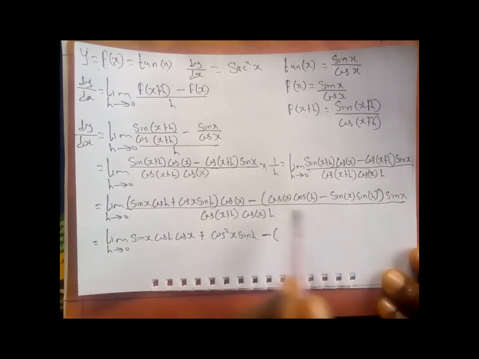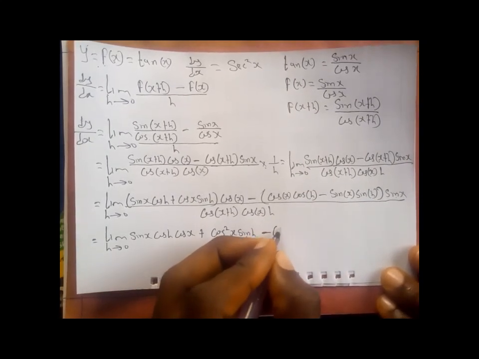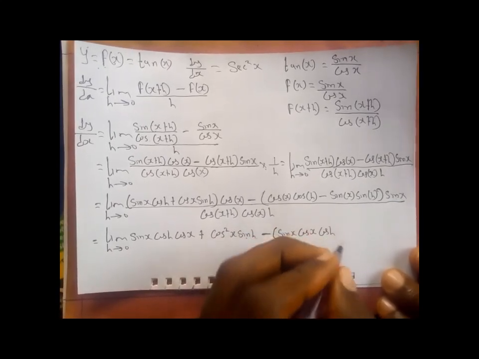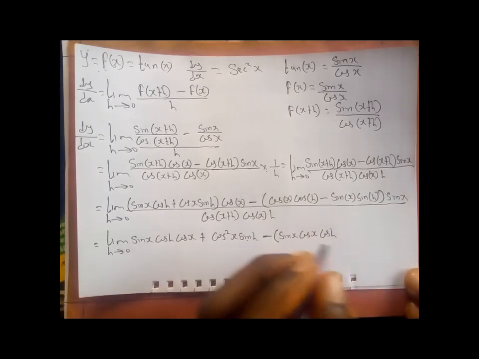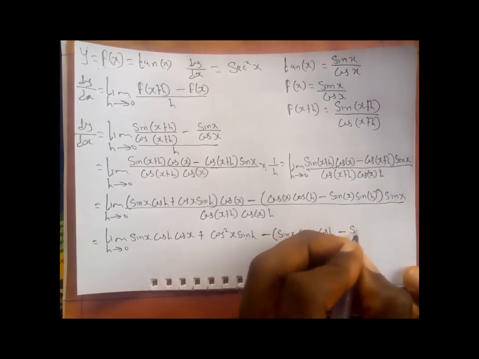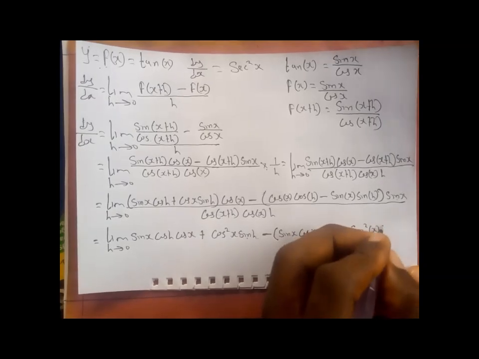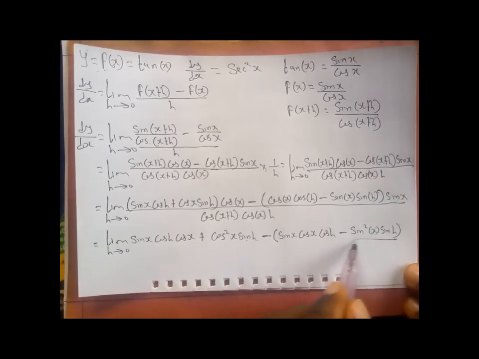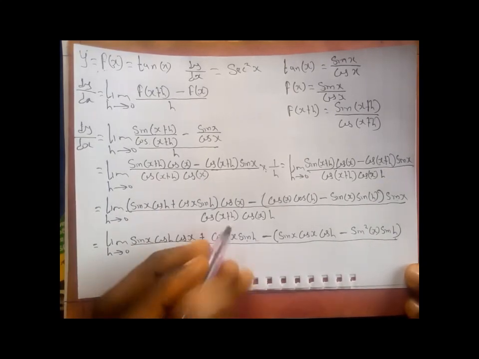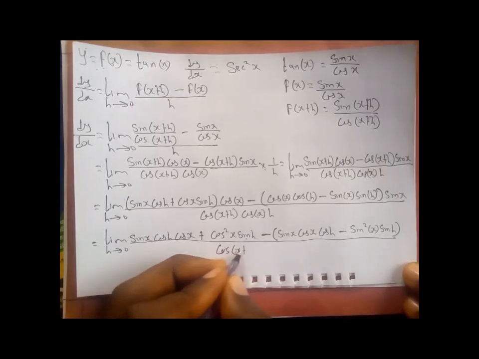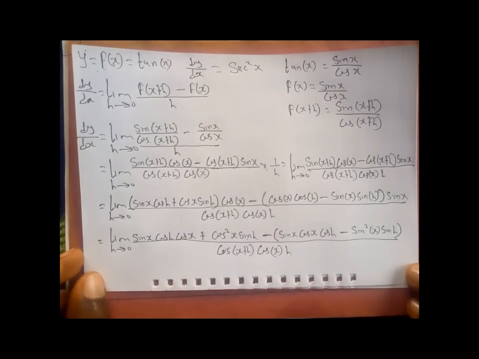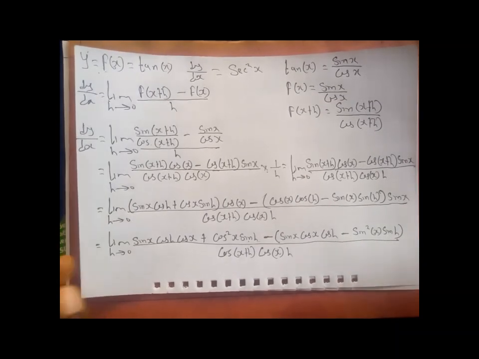Sine x times this expression gives sine x cosine h, and sine x times this gives minus sine squared x sine h, close the bracket. And we'll see how the division by cosine x plus h times cosine x times h works. I'm out of space, so I need to flip onto the next page.